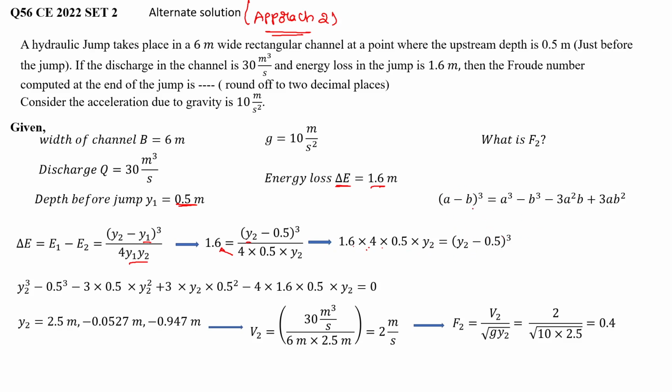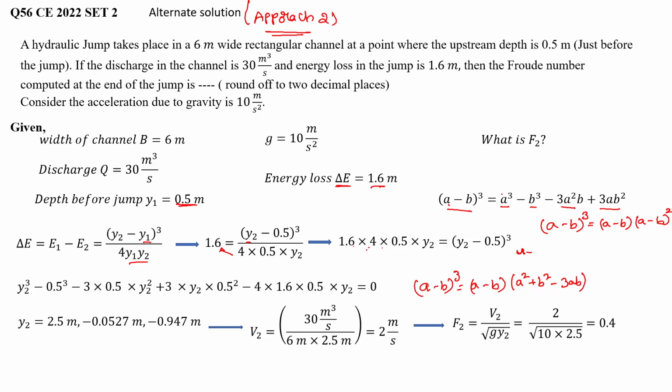Okay, so this is in the form of (a minus b) whole cube. How can we expand it? It is equal to a cube minus b cube minus 3a square b plus 3ab square. If one is confused about expanding this, you can write it as (a minus b) into (a minus b) whole square, which is easy to remember. So (a minus b) can be written as (a minus b) into (a square plus b square minus 3ab).